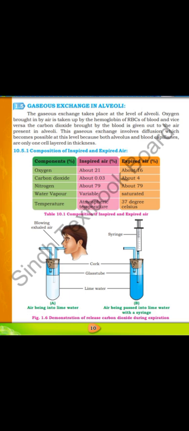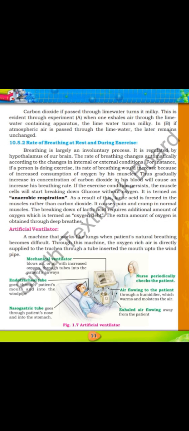And dear students, now let's discuss rate of breathing at rest and during exercise. Dear students, respiration is an involuntary process, means it is an automatic and not in our control.